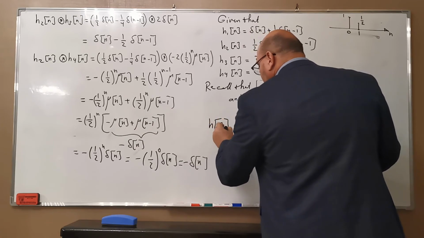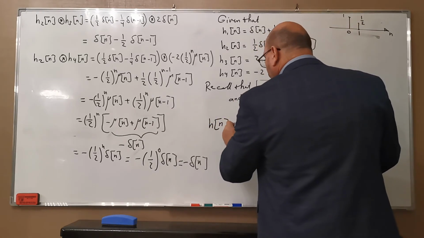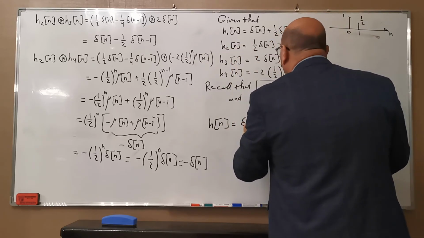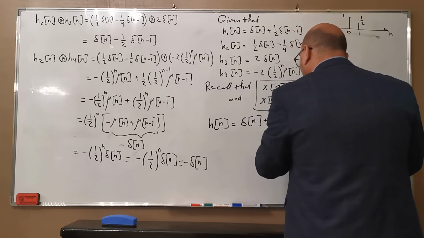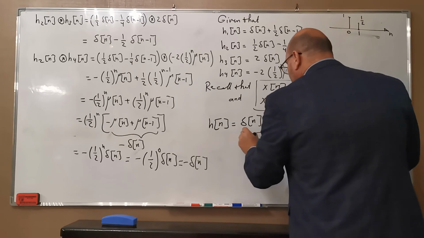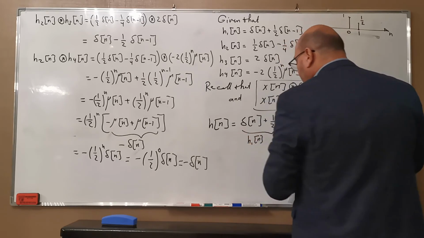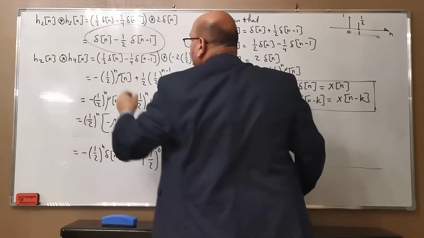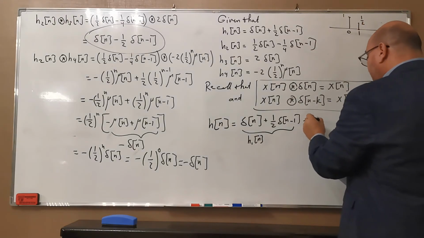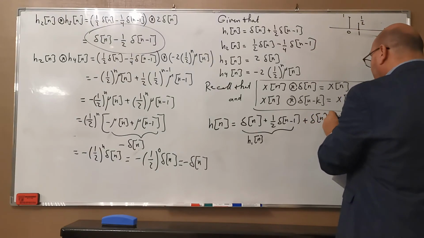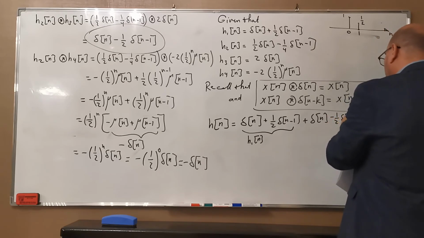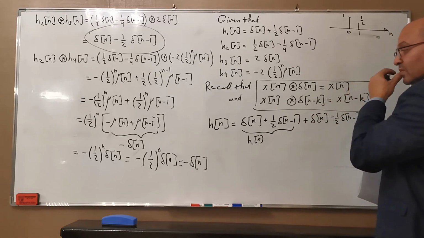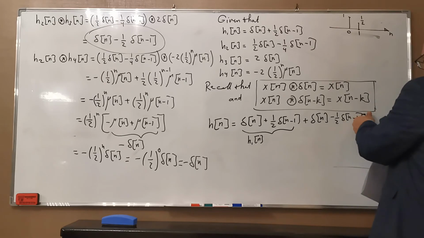Our last step here is just to sum the values. h of n is equal to h1, which is delta of n plus 1/2 delta of n minus 1. So this is our h1 of n, plus this item here, which is delta of n minus 1/2 delta of n minus 1, plus the last term, which is minus delta.